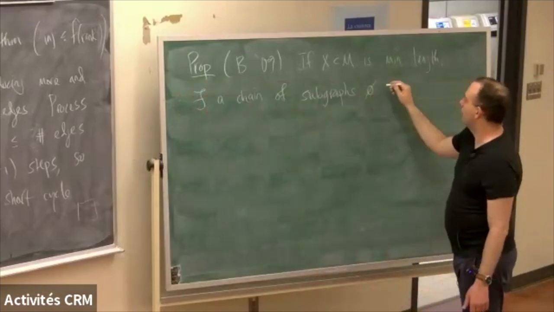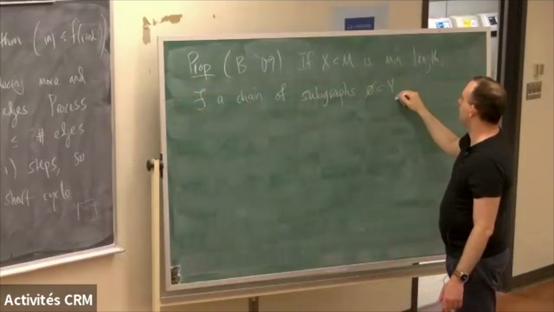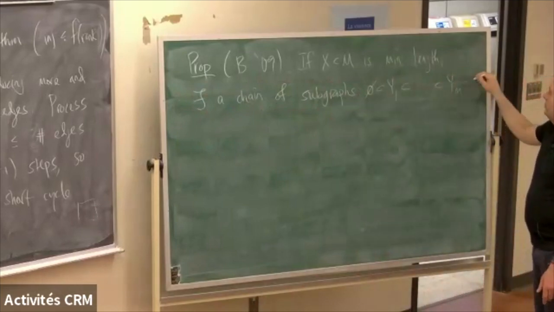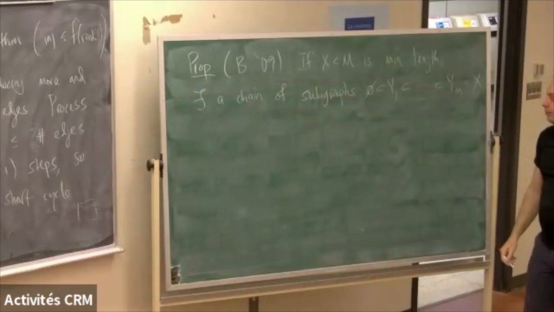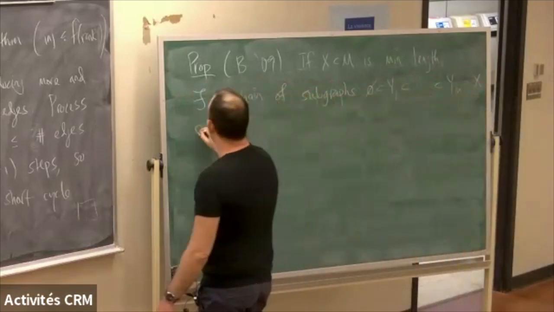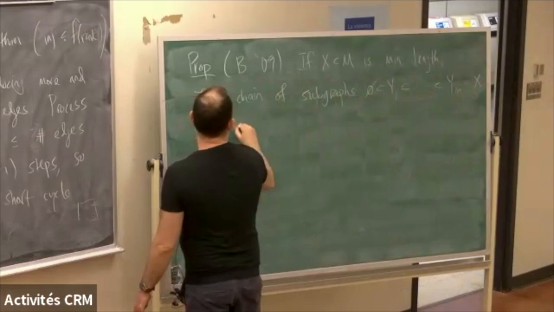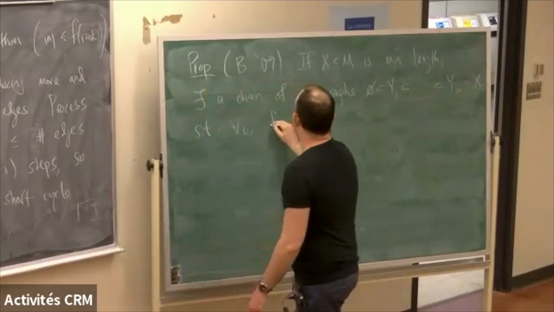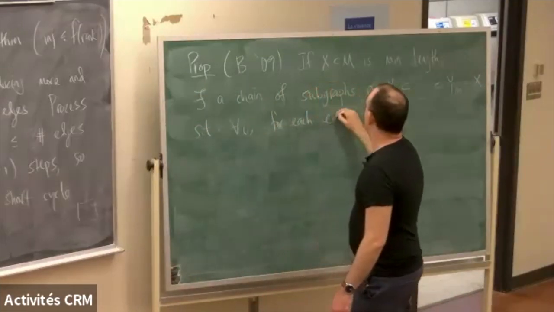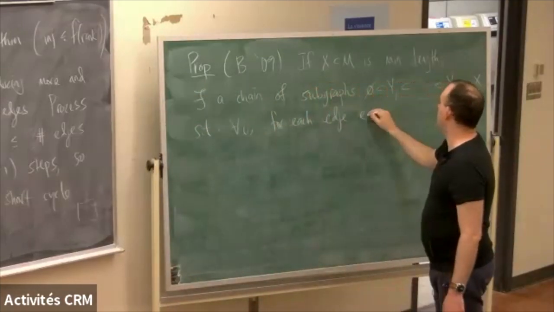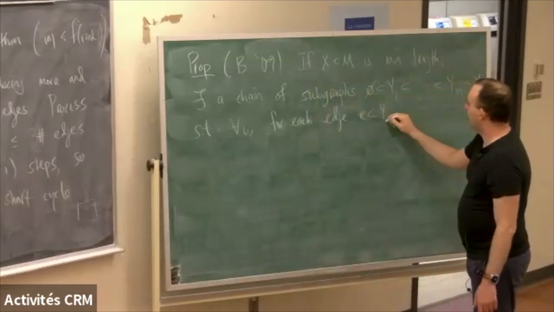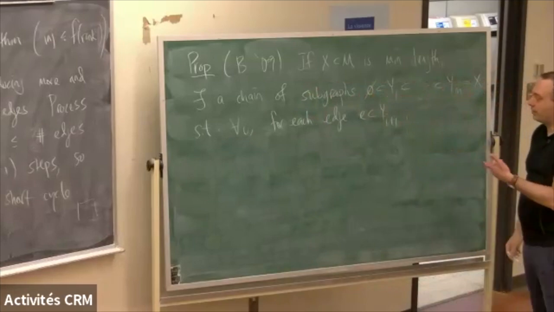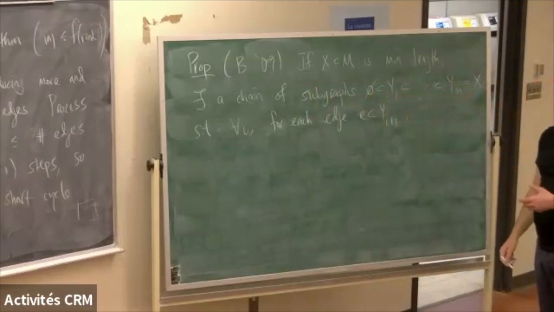I start out with the empty set, which is contained in Y1, which is contained in more graphs, all the way up to Ym equals X, such that for each edge E in Y(i+1), the relative length of E relative to Yi is bounded.